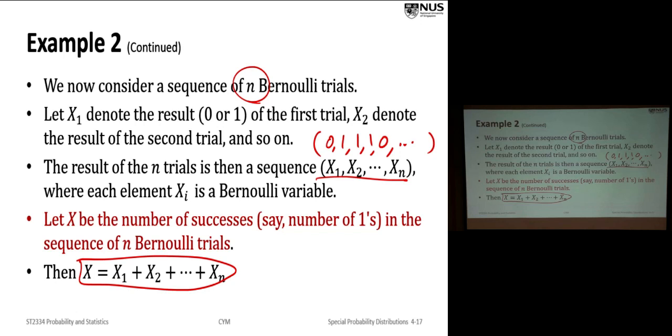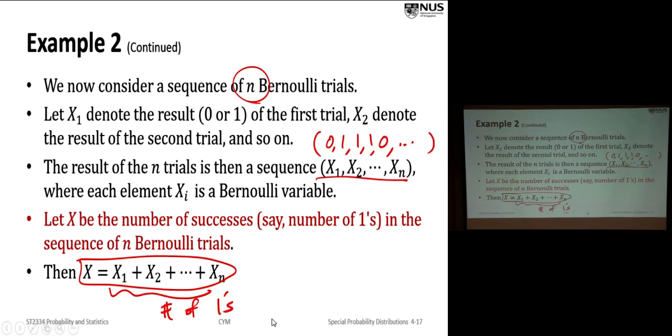So the sum of x1 up to xn will have a value which is the same as the number of ones out of these n random variables. How many ones are there? And remember what 1 represents: success. So basically it's the number of successes out of these n Bernoulli trials. So X is what we would like to investigate. X is the sum of x1 up to xn.